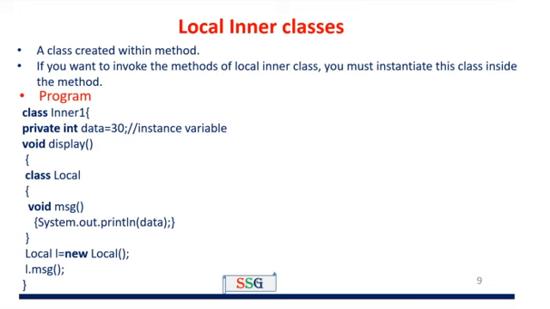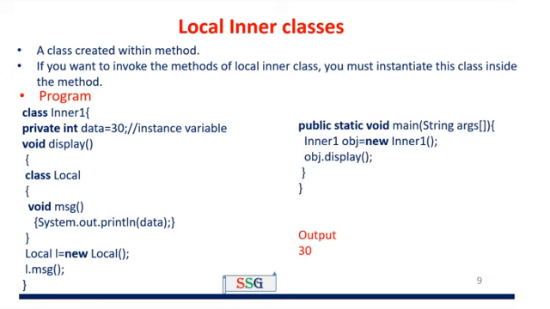After the class definition is over, inside the method we have to create the object for the inner class. That is, Local l = new Local(); l.message(); close curly brace. Now the method's definition is over. The next one, public static void main, String arguments. I am creating the object for the outer class: Inner1 object = new Inner1(); object.display(). Now control transfers to the display function.